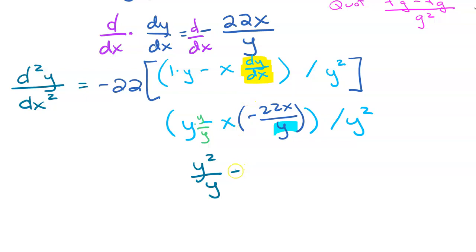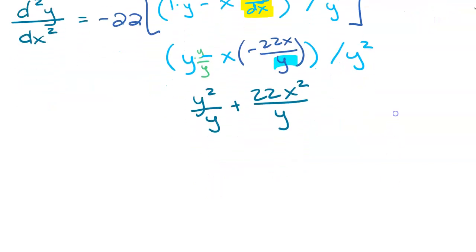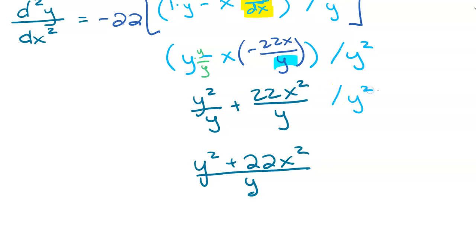Negative times the negative is a positive 22x squared over y. And I have y squared plus 22x squared over y divided by that y squared, which is the same thing as saying multiply by 1 over y squared, which makes this lovely denominator here y cubed.